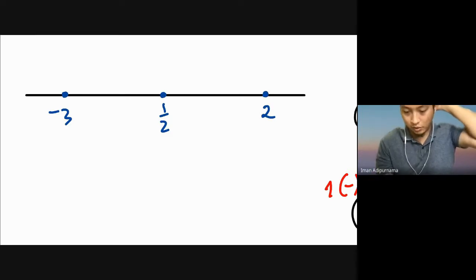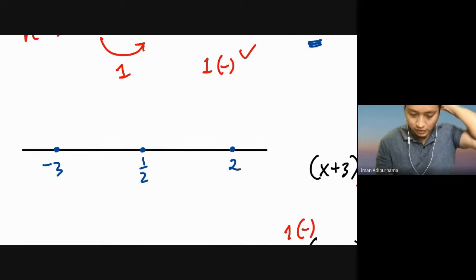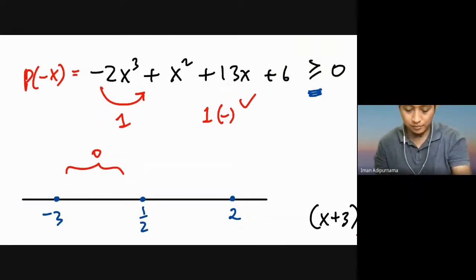And then we check one by one. We check this one here, checking 0. Yes, it's positive, right? Checking 0 is positive. And then maybe negative 4 first.